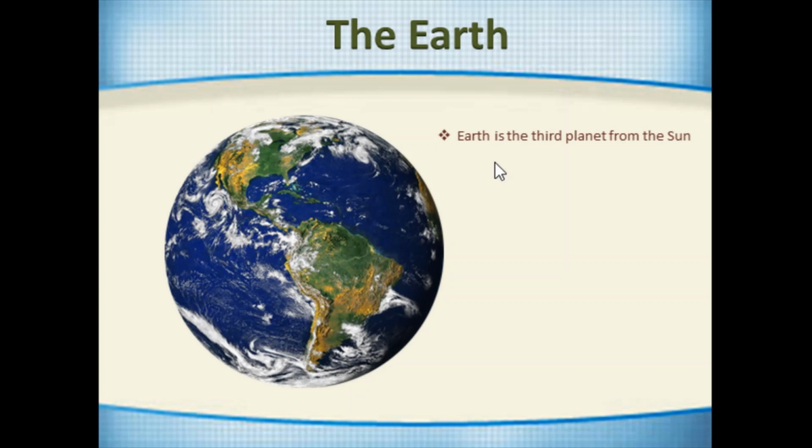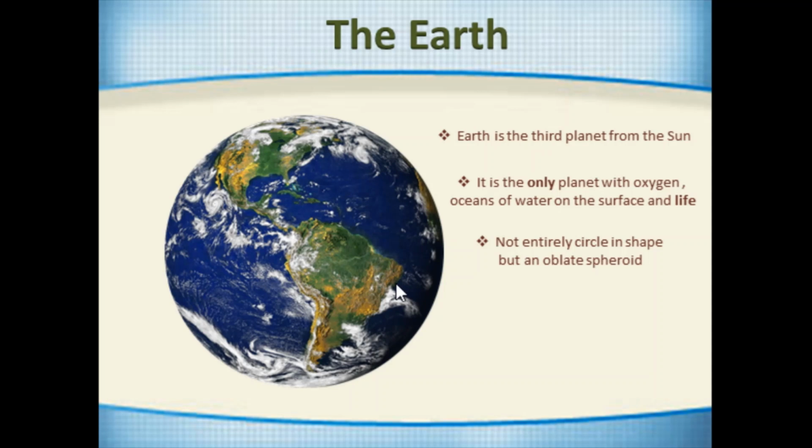The Earth is the third planet from the Sun, and it is the only planet with free oxygen, oceans of water on the surface, and of course, where life can exist. Again, you know other planets, right? But the Earth is the only planet with free oxygen, oceans of water on the surface, and life, of course, can exist.